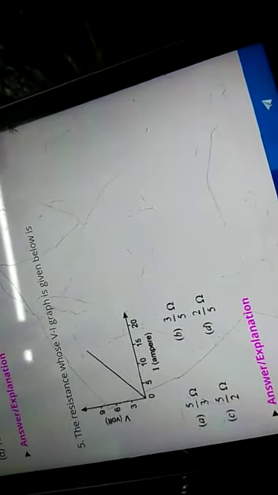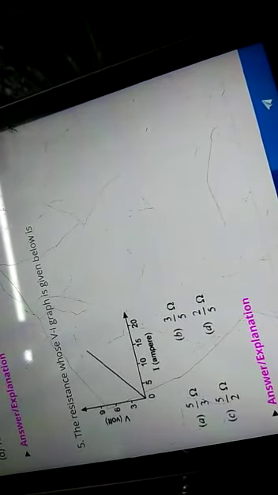So V by I is the value of resistance. The difference in voltage is 9, and the current rises from 0 to 15, so the current is 15 ampere. So V by I will be the value of resistance. If you divide 9 by 15, that will be the correct answer for your resistance.